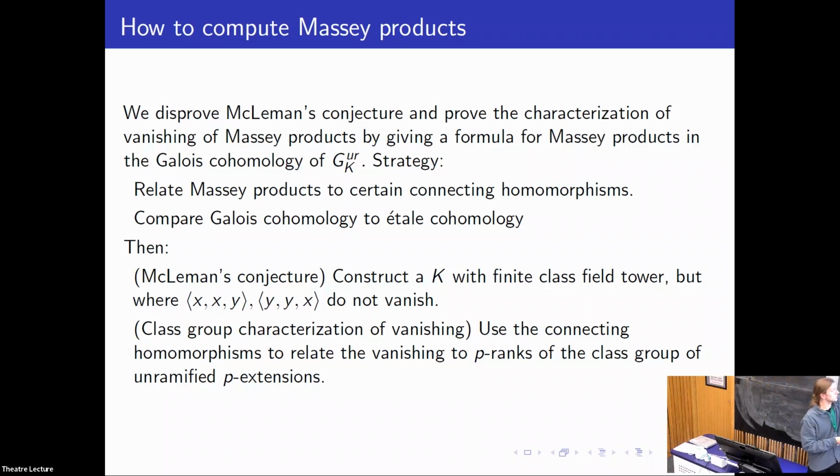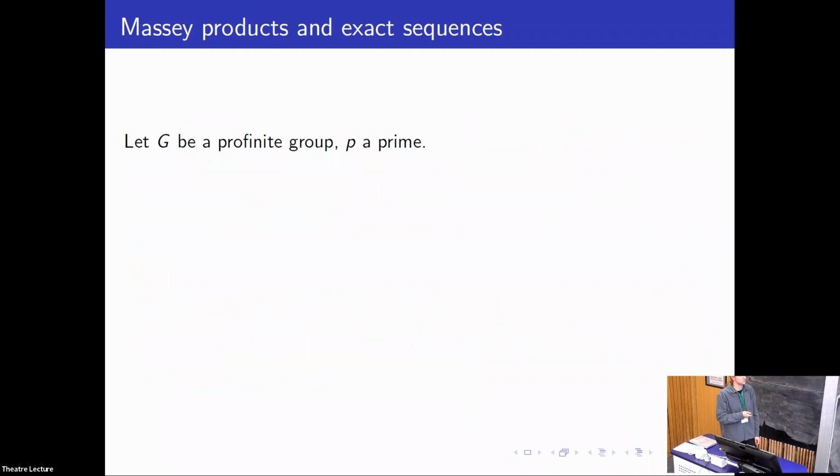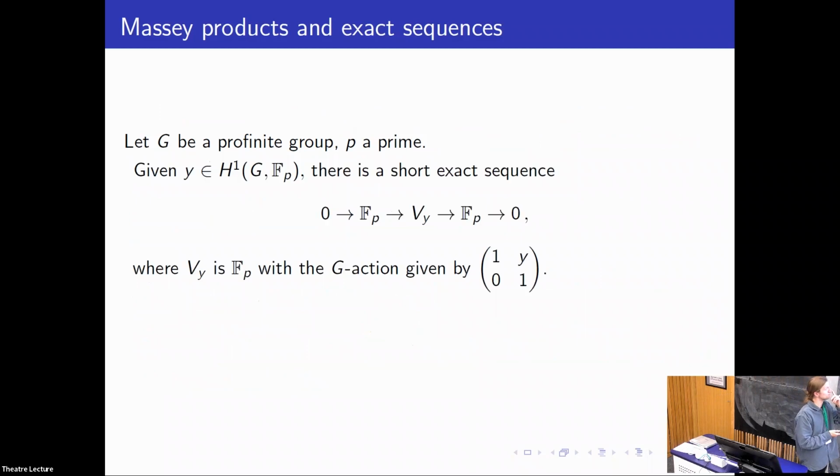Let me say some words about how to relate Massey products to connecting homomorphisms, with some details. Here is a new, strange way to construct Massey products. Let G be profinite and p a prime. Given a cohomology class y in the first cohomology of G, you can construct a short exact sequence F_p, V_y, F_p. Here V_y as a vector space is F_p squared, and the G action is given by this matrix.